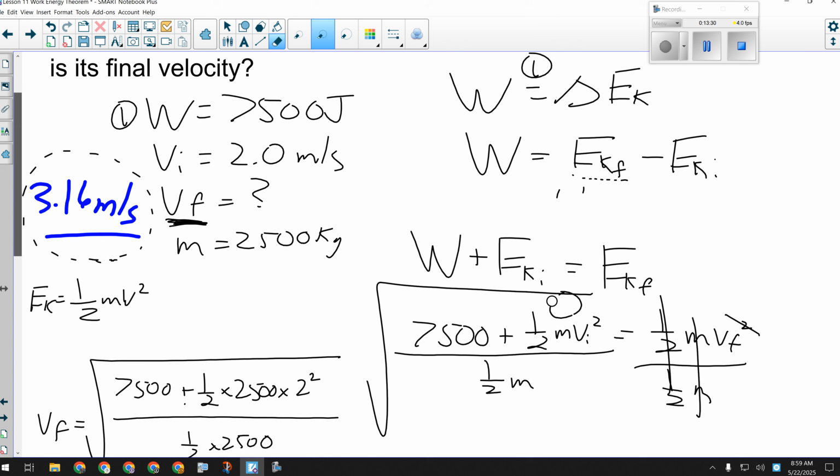You would get a mark for setting up, that's your work energy theorem. Plugging in your numbers would be another mark, and your answer would be the 5th mark. So givens for 1 mark, identifying the type of energy being changed for the 2nd mark, your manipulations of the formula, plugging in the numbers, your final answer, 5 marks.